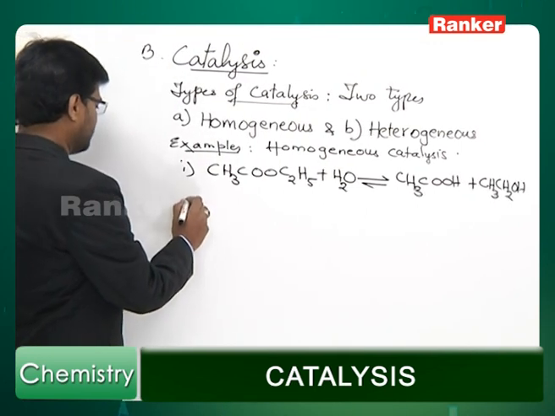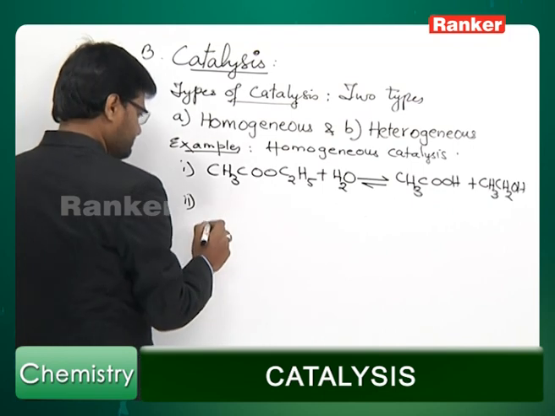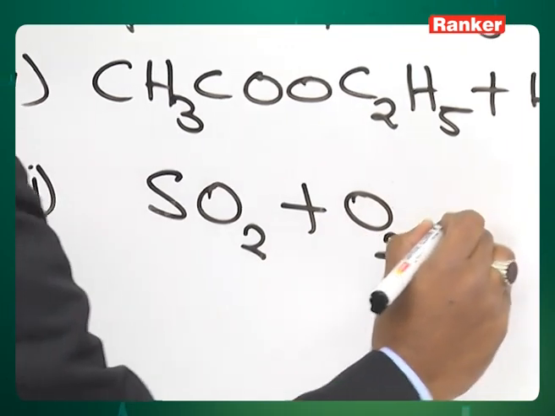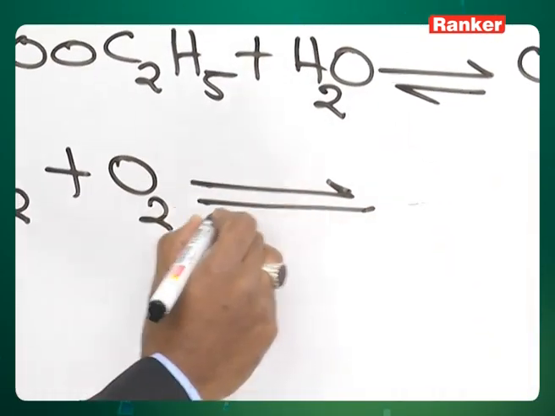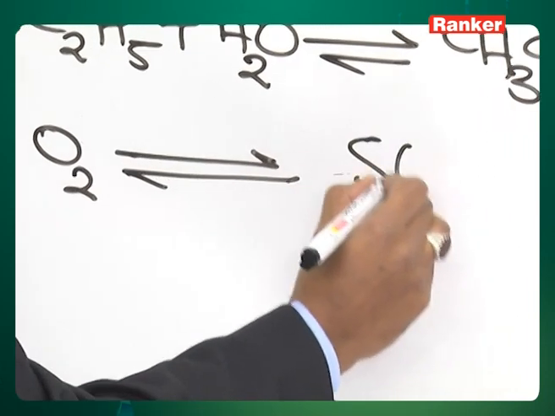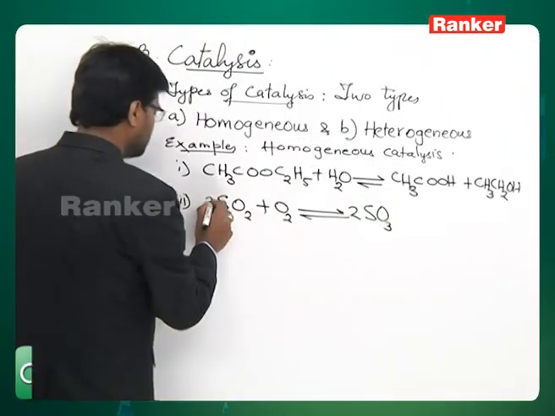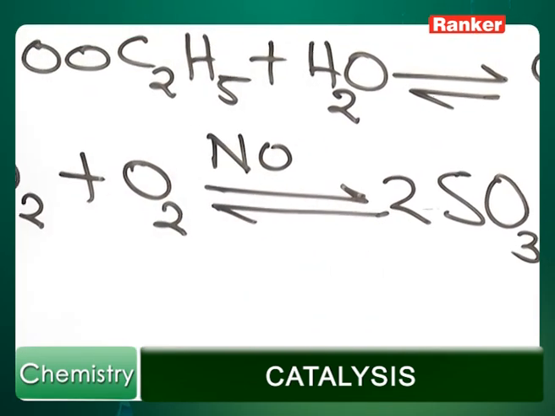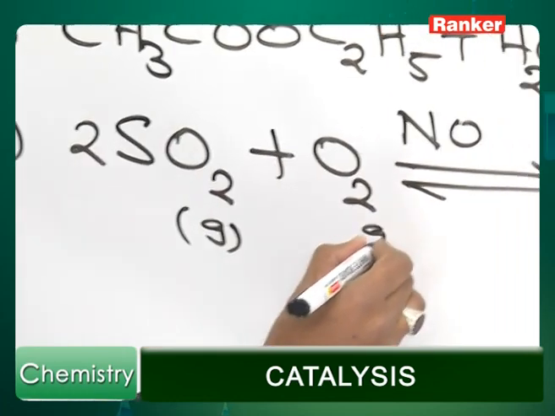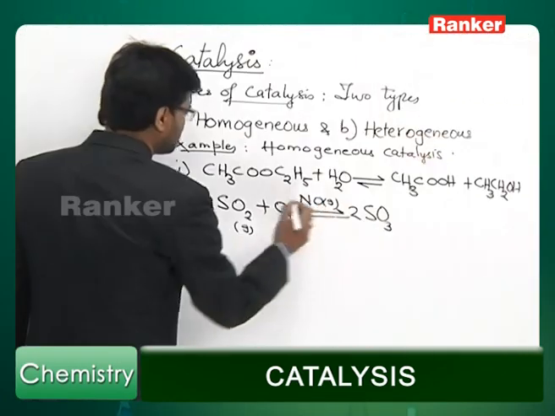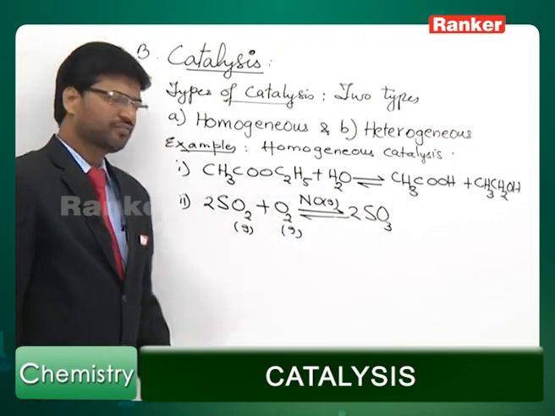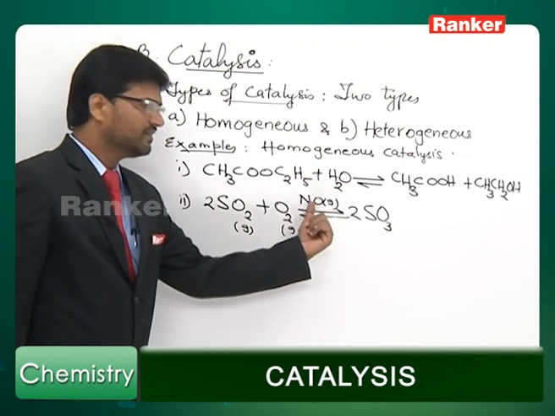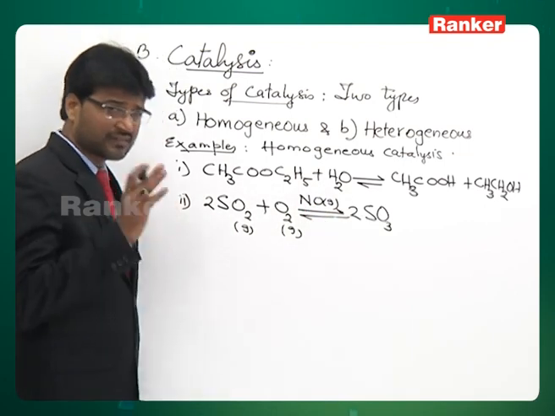And then another example, SO2 plus O2, this involves oxidation of sulfur dioxide to sulfur trioxide. You can balance it. Here we use oxides of nitrogen. This is a gas, and NO is also a gas. So it's a case of homogeneous catalysis because both the reactants and the catalyst are in the gaseous phase, in the same phase.